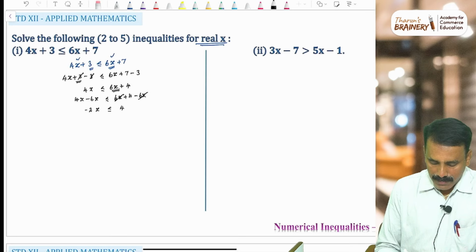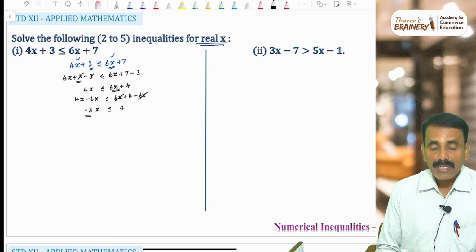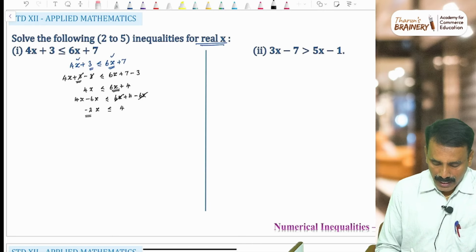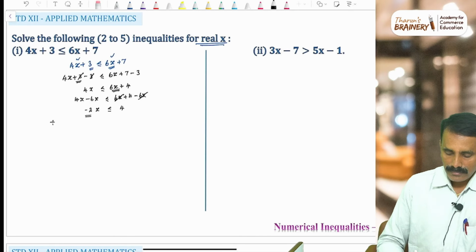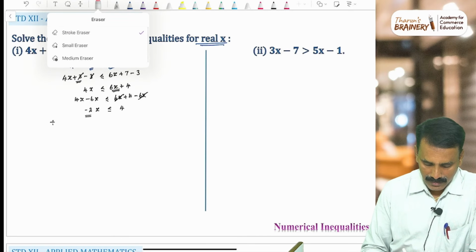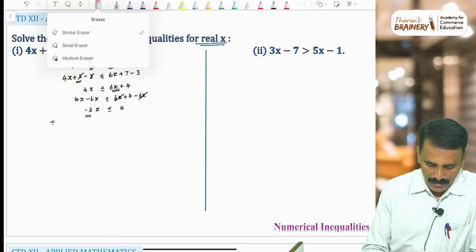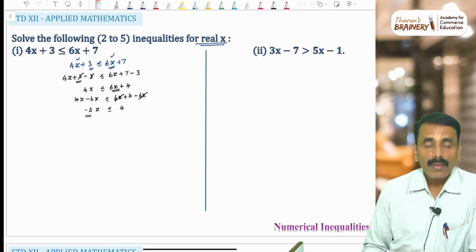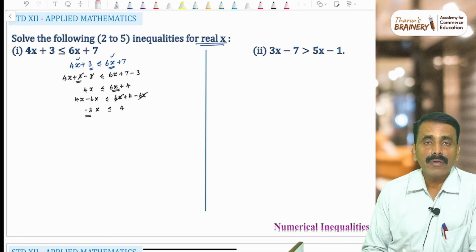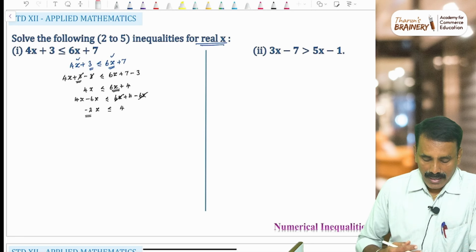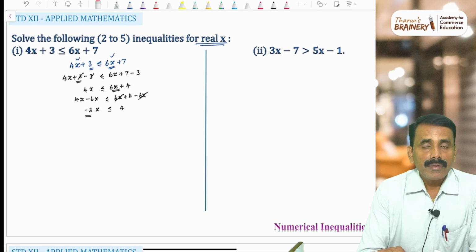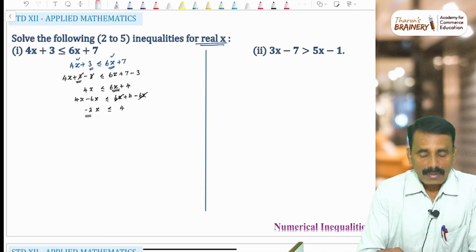Now, I want to remove this minus 2. It is in multiplication with x. So, what should I do? I must multiply with the multiplicative inverse of minus 2 on both sides. And here we are having a problem, correct? Why?